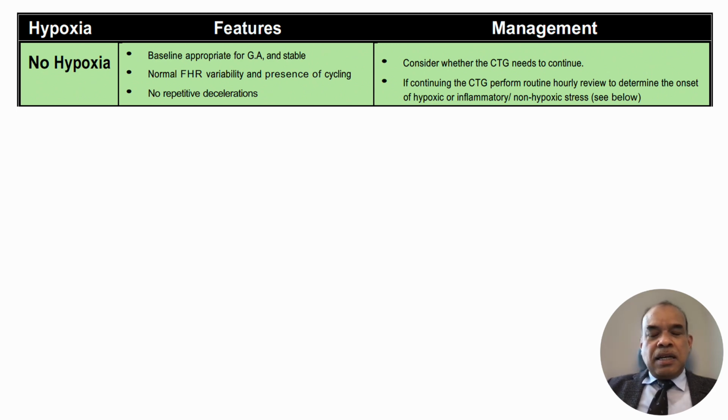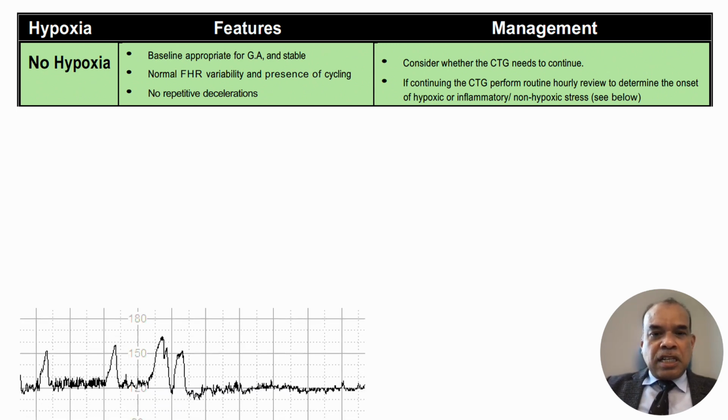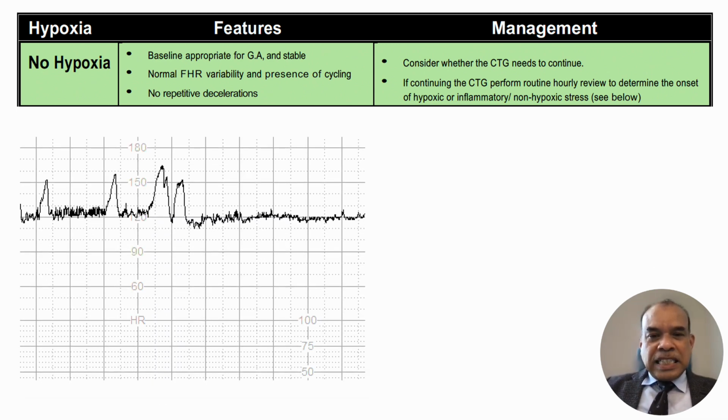So this international expert consensus guidelines on physiological interpretation of CTG classifies CTG features by considering a combination of features or sequence of features in order to determine different types of hypoxic stress and inflammatory stress and non-hypoxic causes of fetal compromise.